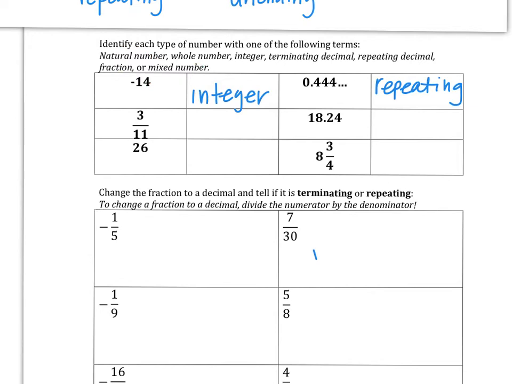Three elevenths, that is a fraction. 18.2400, that is a terminating decimal because it ends, it doesn't keep going on. So it is terminating decimal. 26, well, that is a whole number. It is also considered a natural number. 8 3/4, that is a mixed number.